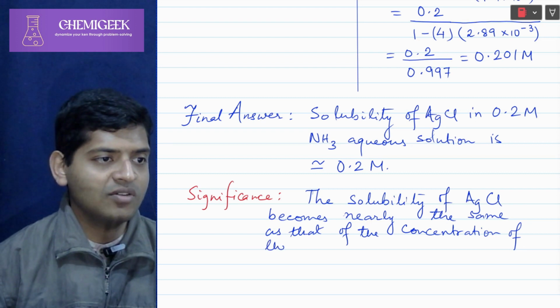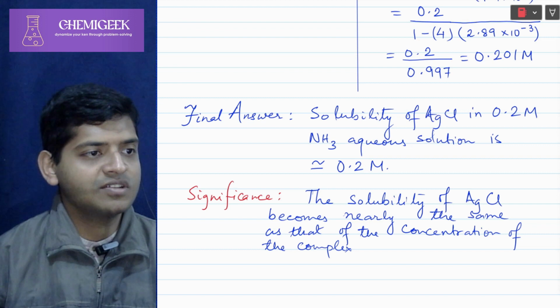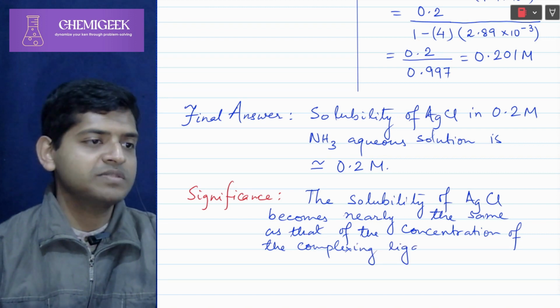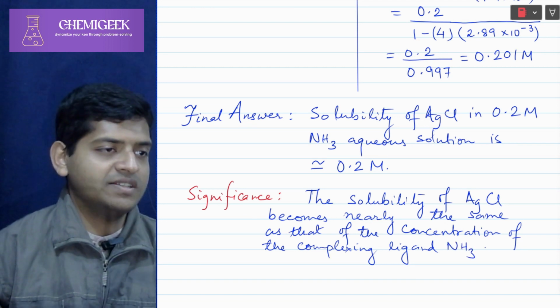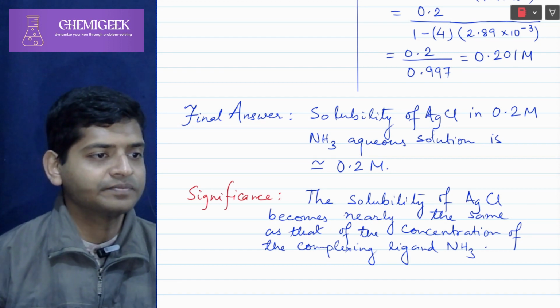Since we have taken around 0.2 molar of ammonia, we have got the solubility of the silver ion as that, because it completely becomes soluble. So it almost reaches the concentration of the complexing agent.